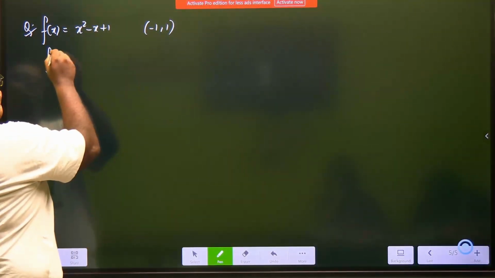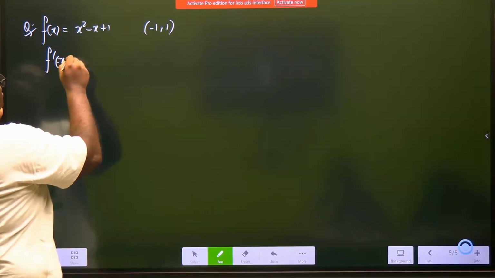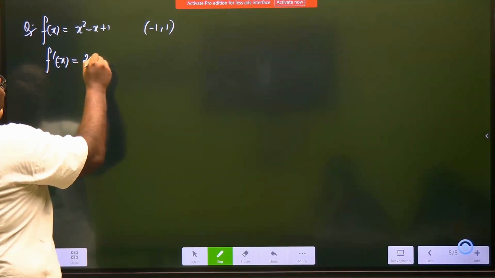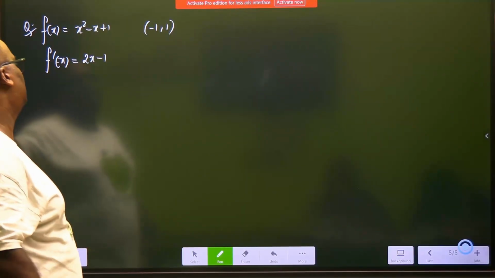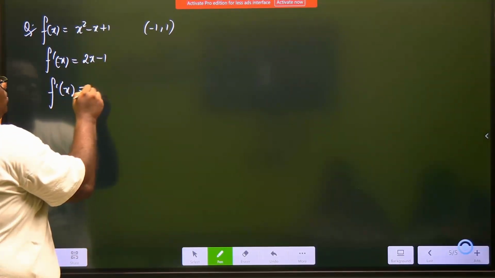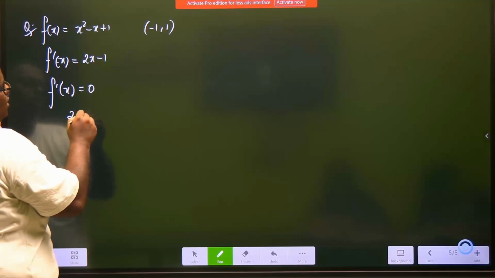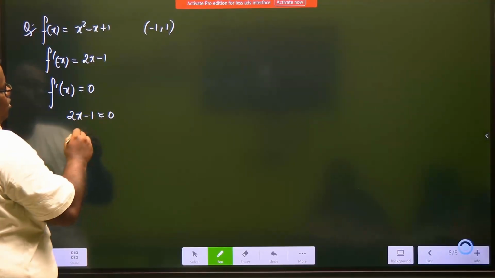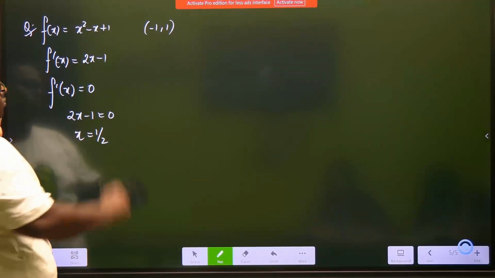So f dash x is equal to 2x minus 1. Right? Now we take f dash x is equal to 0. We get 2x minus 1 equal to 0, so x is equal to half.